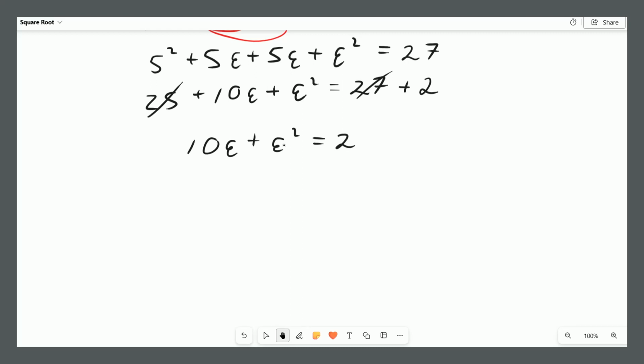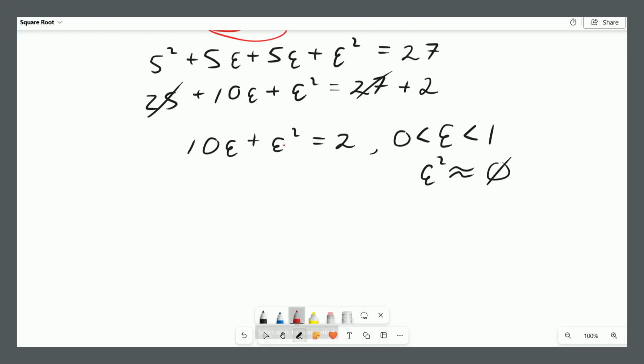Now, here's the most elegant part of this process. We know that epsilon is between 1 and 0. And if you square a number that's less than 1 and more than 0, you get an even smaller number. So epsilon² here is approximately equal to 0, right? Epsilon is already a small number.